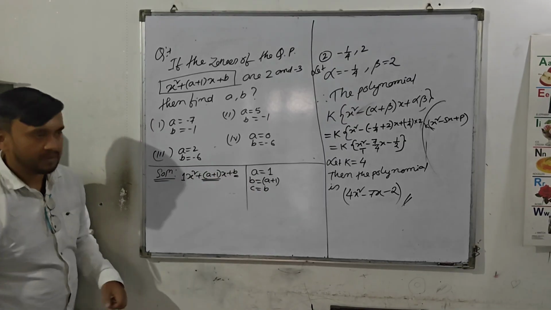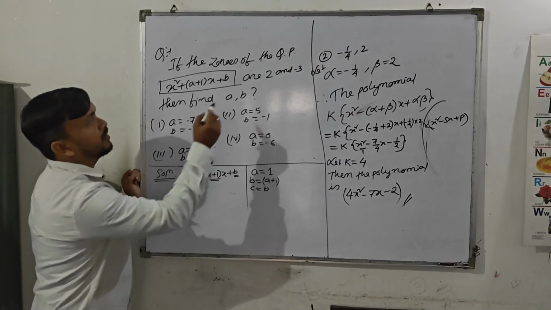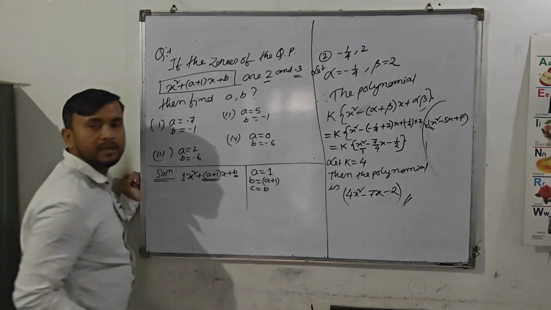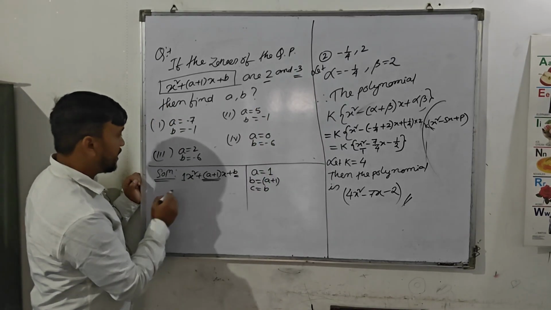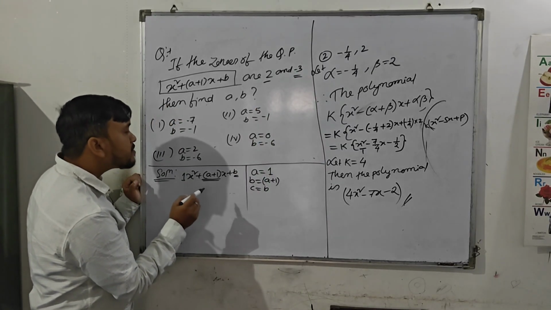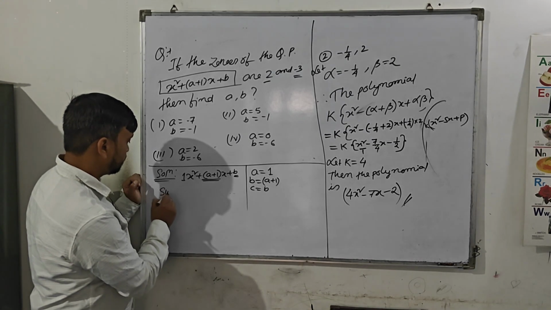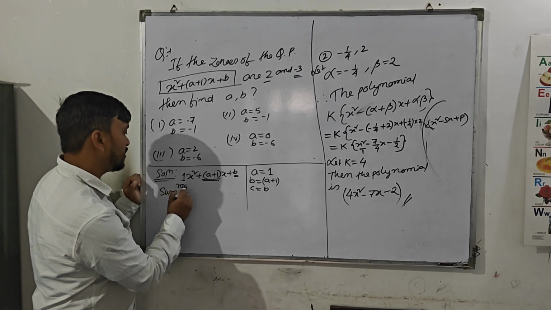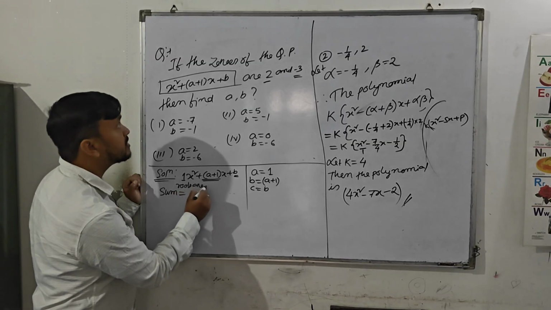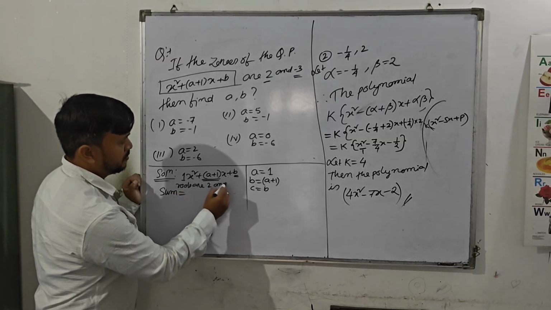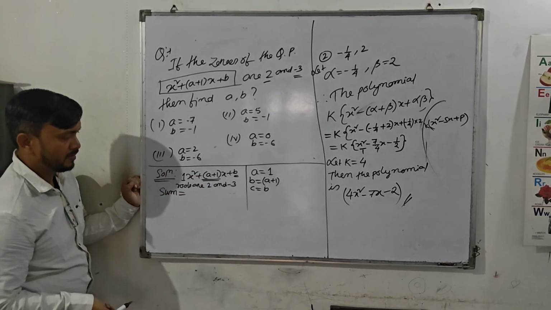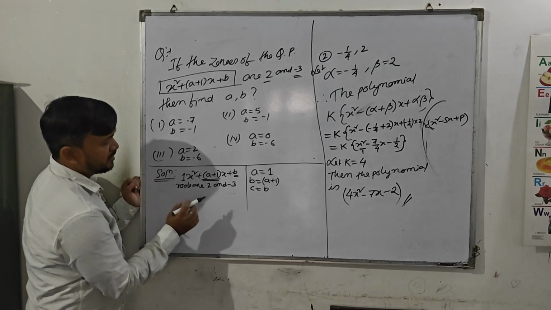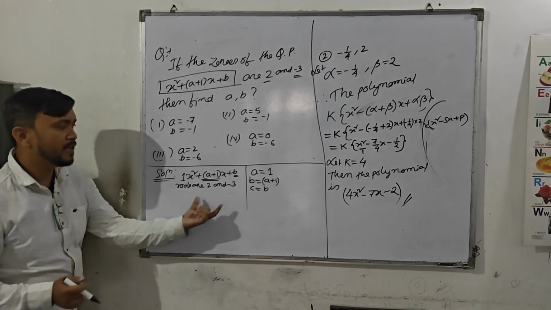Now see, roots are given. So if I write the sum of the roots, the sum of the roots are 2 and minus 3. Do one thing, try to create the polynomial using these two roots.